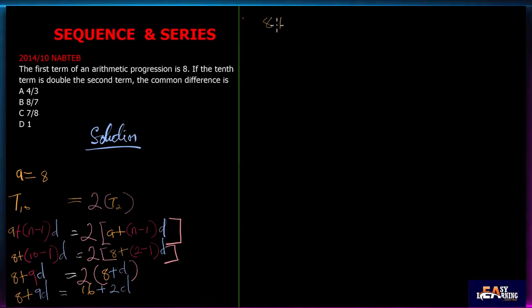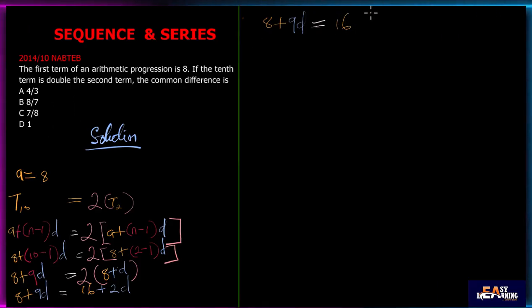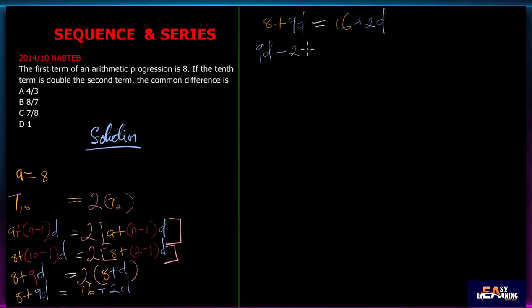That is 8 plus 9d equals 2, and then we write the right hand side equals 16 plus 2d. Collecting like terms, 9d and 2d: when 2d crosses over, it becomes minus 2d.